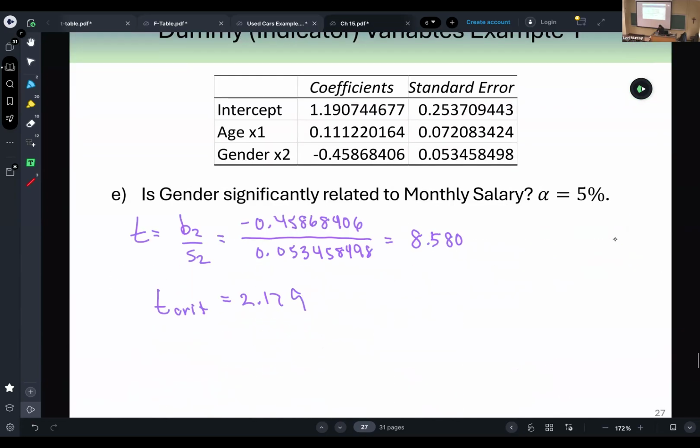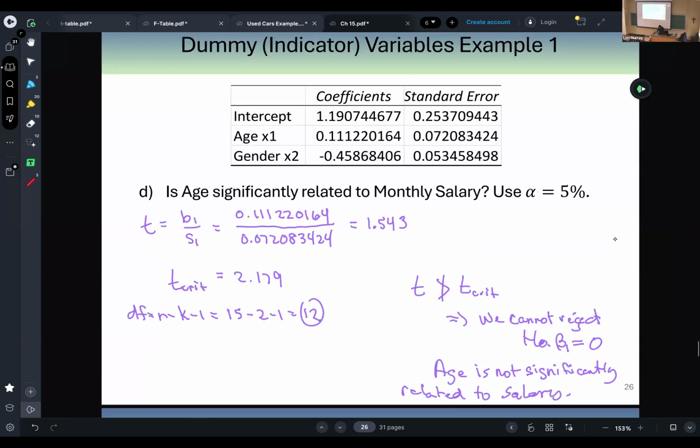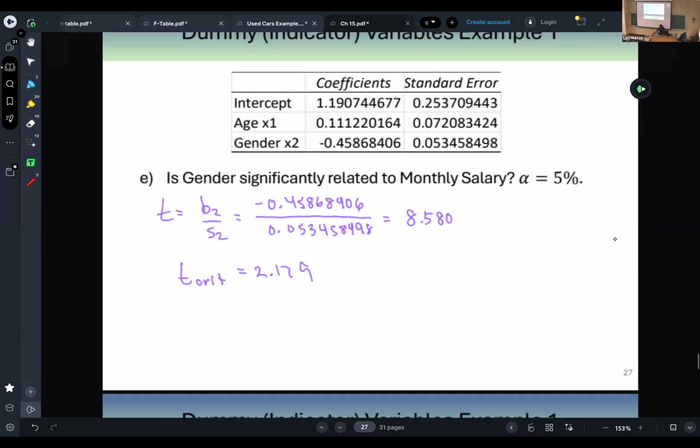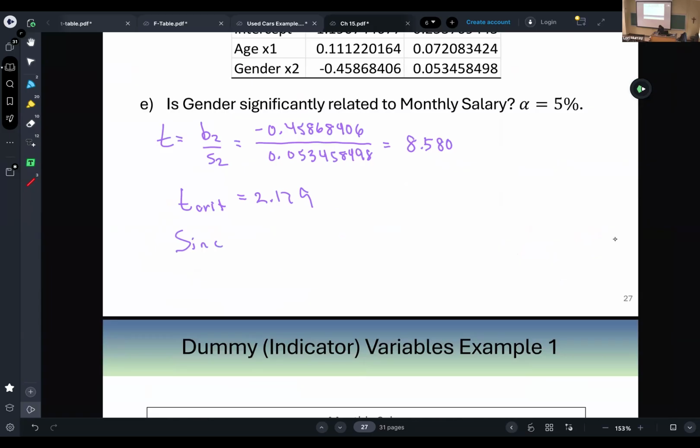So in this case, since the T test is greater than, quite a bit, than the T critical value, we reject, right? We reject the H naught, that B2 equals 0, and accept the opposite, which is B2 does not equal 0.